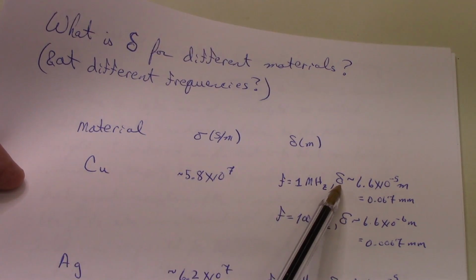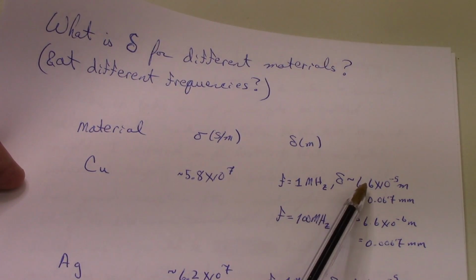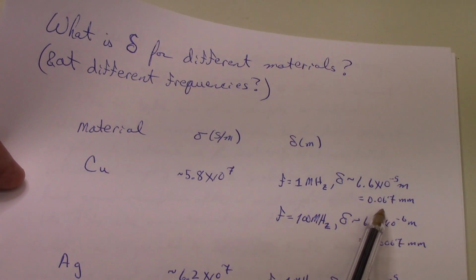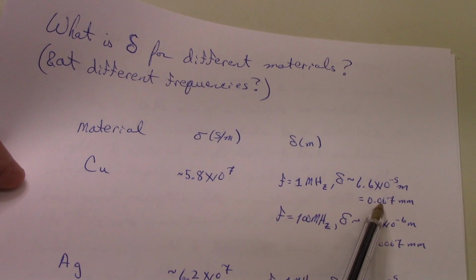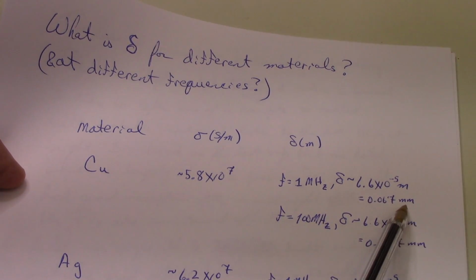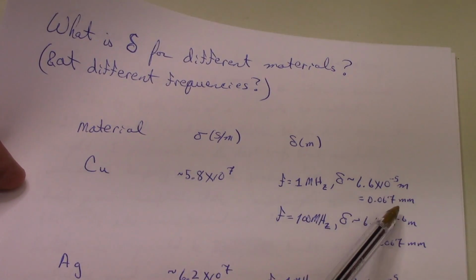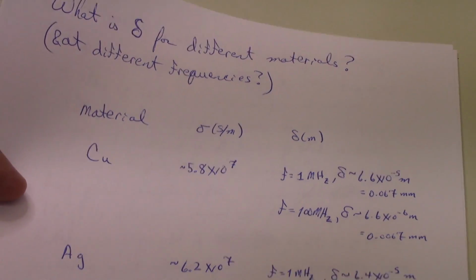So at 1 megahertz, that gives you a skin depth of about 6.6 times 10 to the minus 5 meters, which is the same thing as saying 0.067 millimeters. So the skin depth in a good conductor like copper is very, very small.